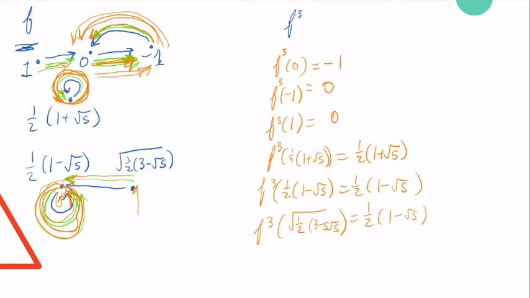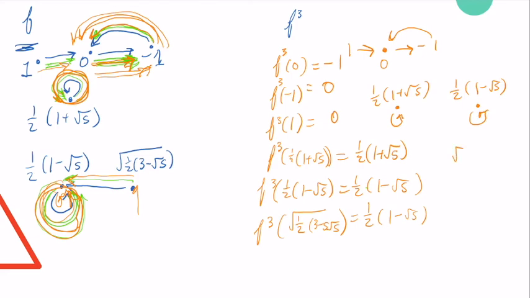So let's draw this beautiful picture. I have that 0 goes to -1, -1 goes to 0, and 1 goes to 0. I have that 1/2 times 1 plus the square root of 5 maps to itself. 1/2 times 1 minus the square root of 5 maps to itself.